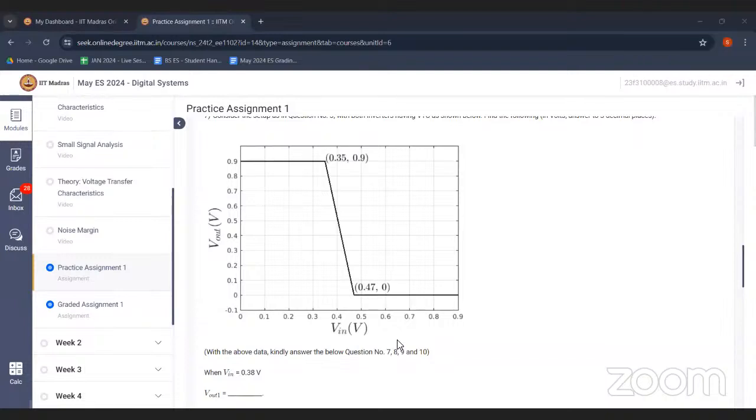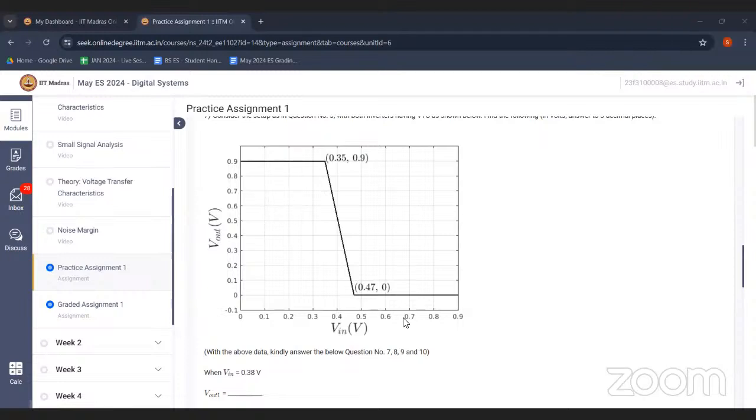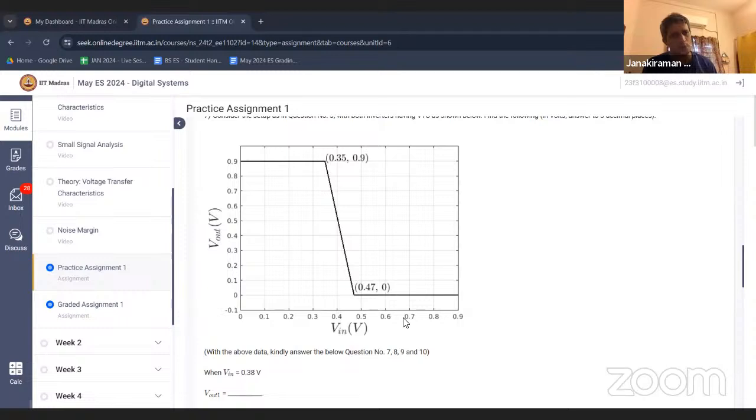Sir, I had a request for Victoria ma'am that I might have received fewer components, because everybody is saying that they have received two NAND gates, and I have received only one. What is two NAND gates? You mean you got only 7400. As you said, we have to perform by putting them in series. Hey man, don't tell me you have not even seen how many gates there are in each IC.